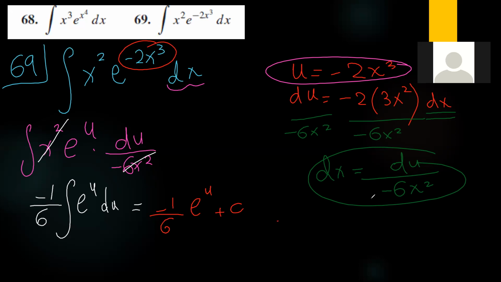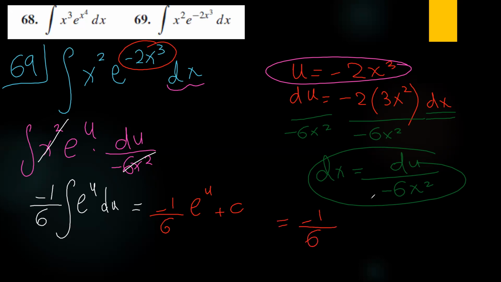So now it's -1/6 e to the power, where's u? -2x cubic. Bravo. Plus c. That's it. How did you find it? Is it clear? Yes, teacher.